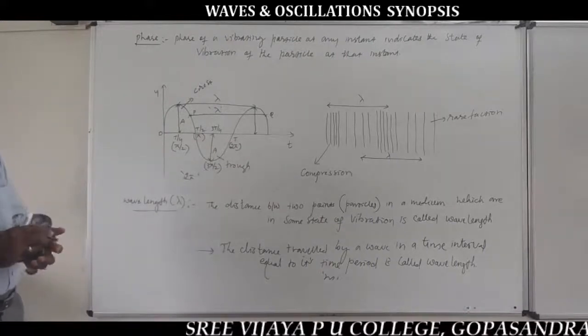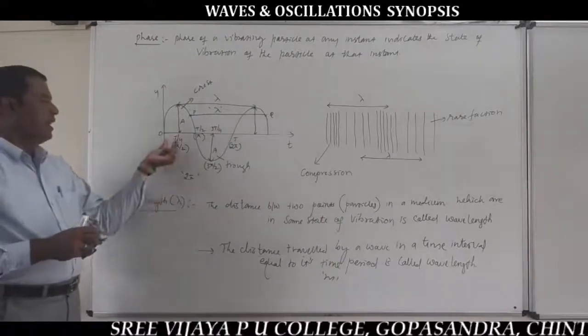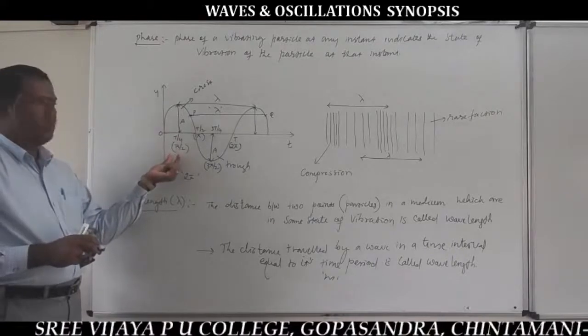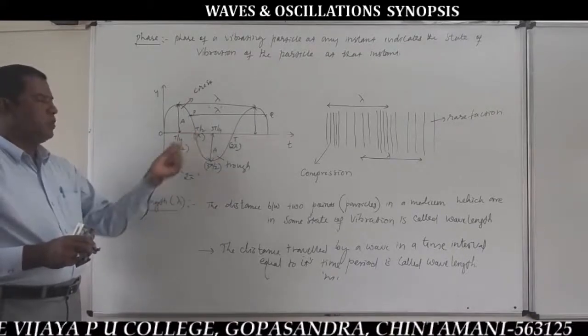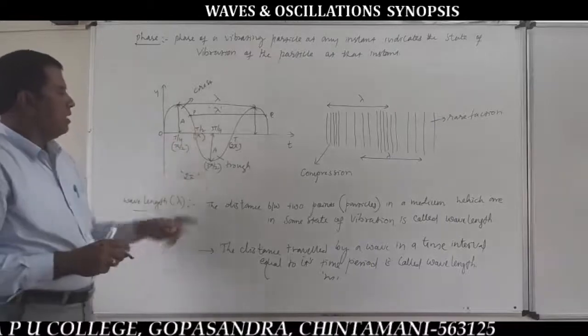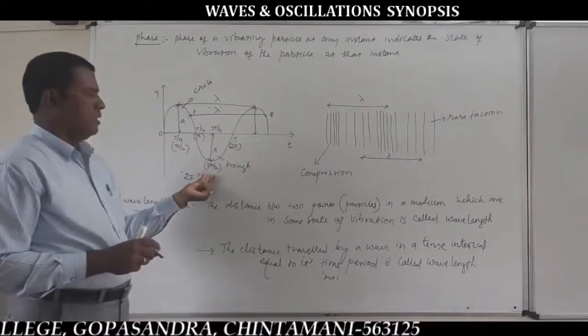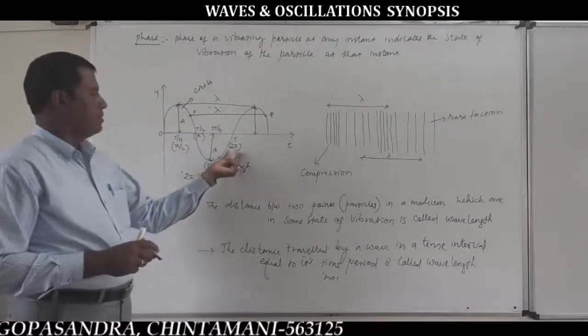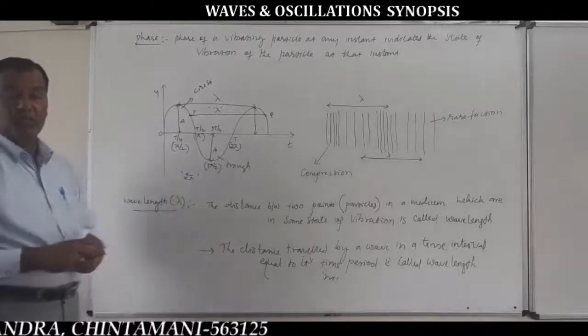Therefore, the phase of a vibrating particle at T by 4 is pi by 2. At T by 2, it is pi. At 3T by 4, it is 3 pi by 2. And at T, it is 2 pi.